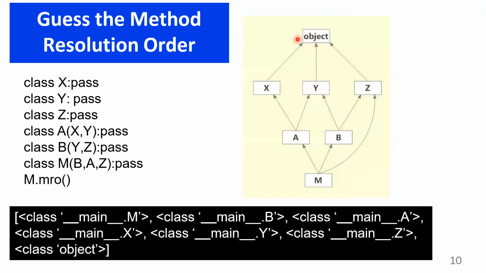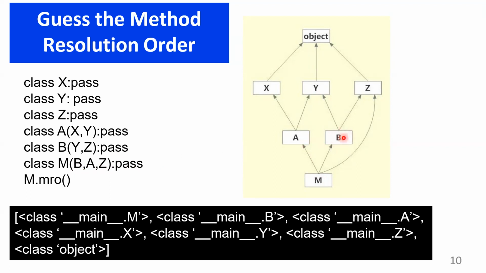So object is a predefined superclass of all the classes in Python. Now, if we want to display the method resolution order of class M, it is going to first search in class M, then class B, followed by class A and class Z.